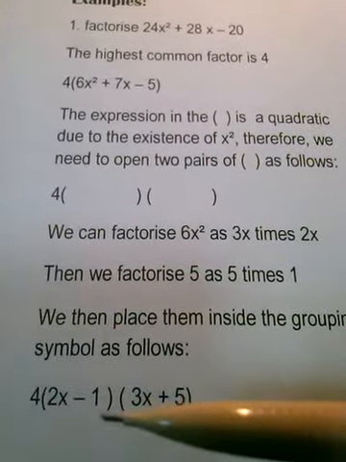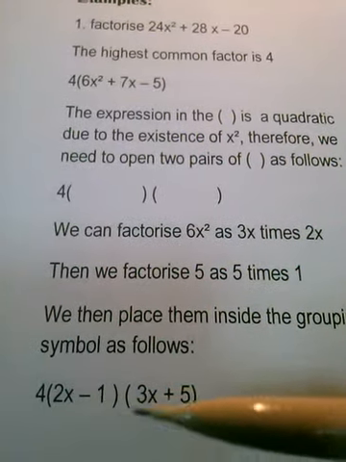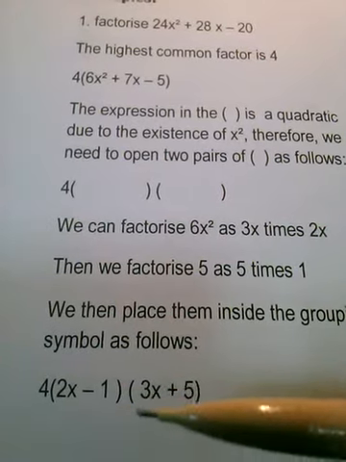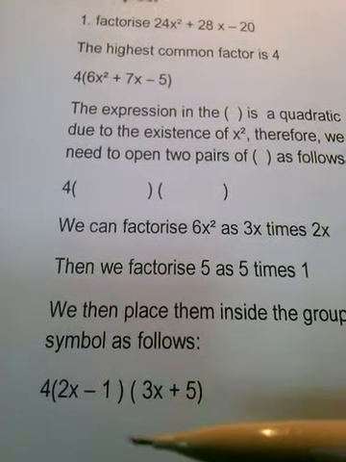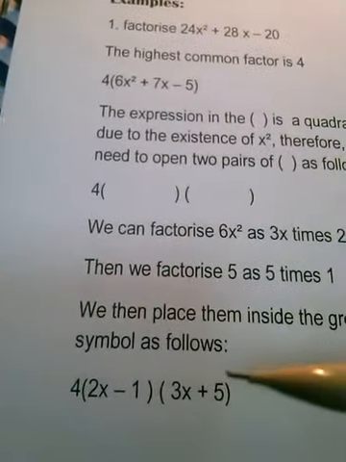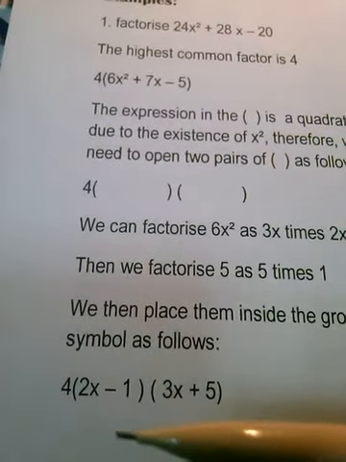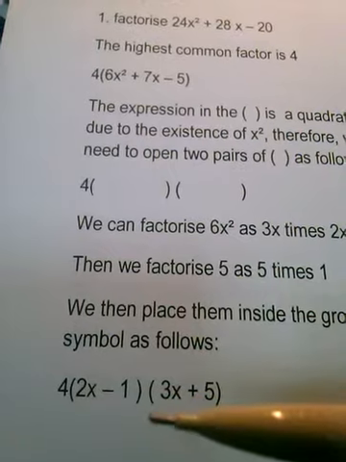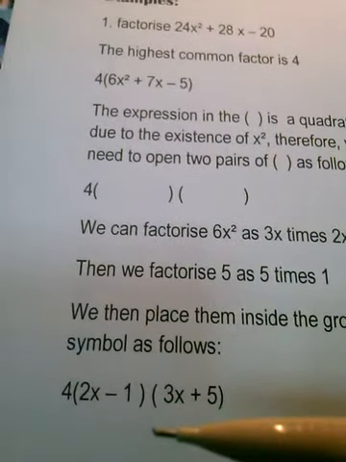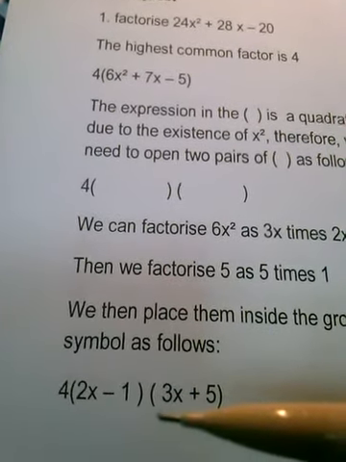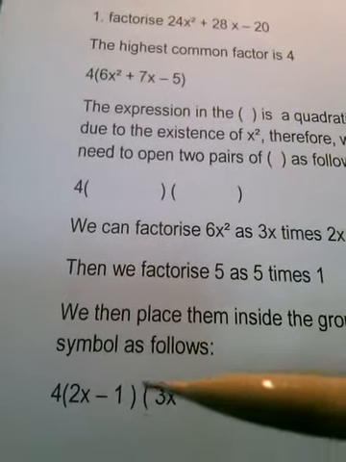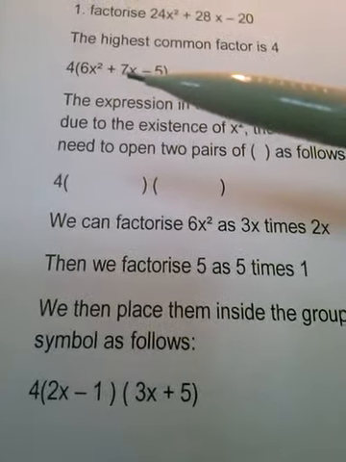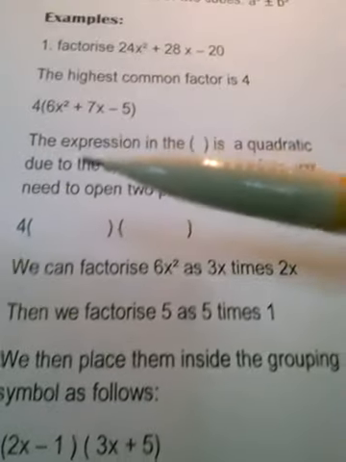We're going to multiply these two terms together, which will give me minus 3x, and these two terms together gives me plus 10x. Minus 3x plus 10x is actually plus 7x, which is the middle term in this trinomial. Therefore, our work is correct.